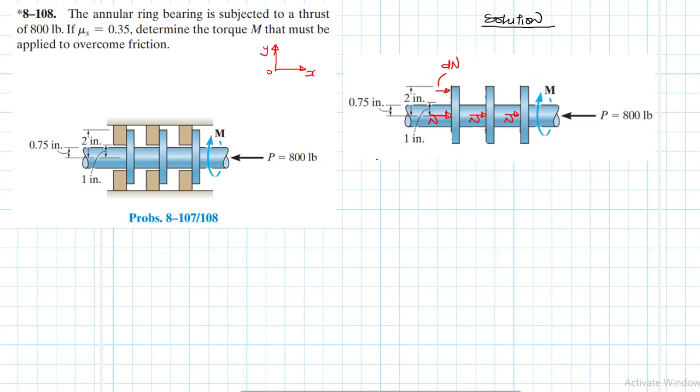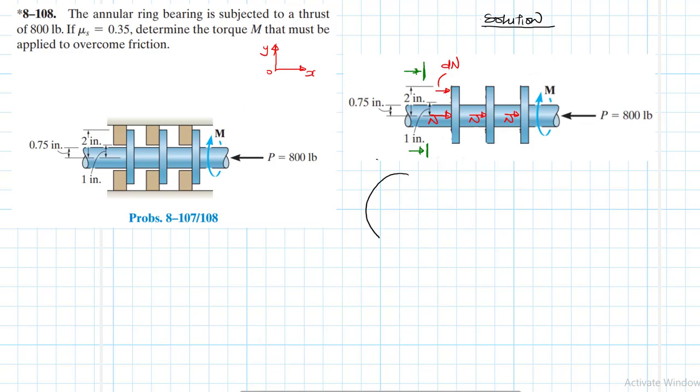So if I was to cut a section so that I look at one of these rings, I cut a section like so. I'm going to see something like this. I just want us to look at what is happening.